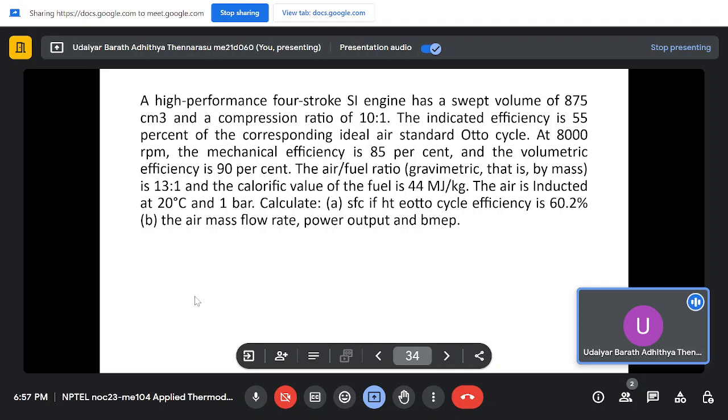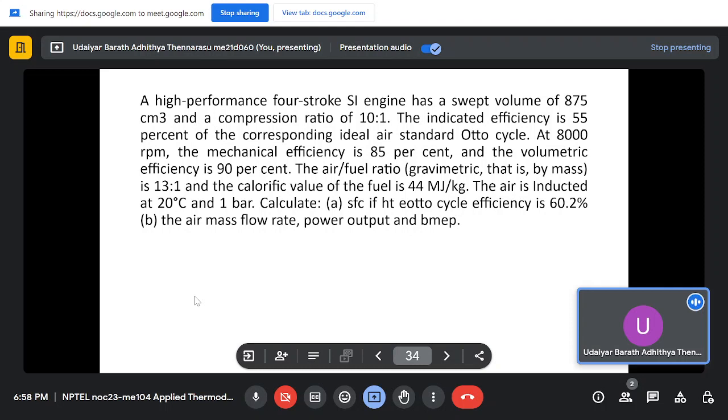Compression ratio is 10. They say indicated efficiency is 55% of the Otto cycle efficiency, and the engine is operating at 8000 rpm. Mechanical efficiency is given 85%. Volumetric efficiency is given as 90%. Air fuel ratio in terms of mass is given as 13:1. Calorific value is 44 megajoule per kg. So these are the details we know.